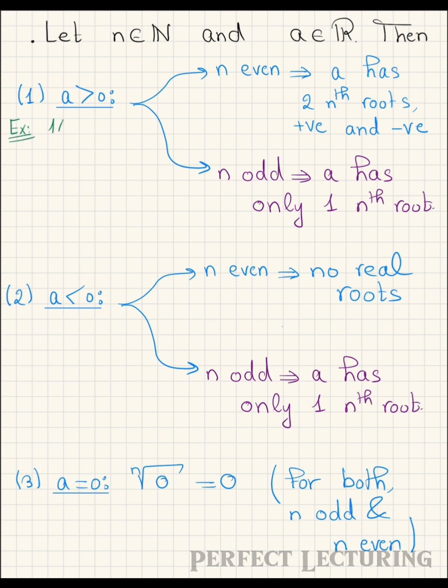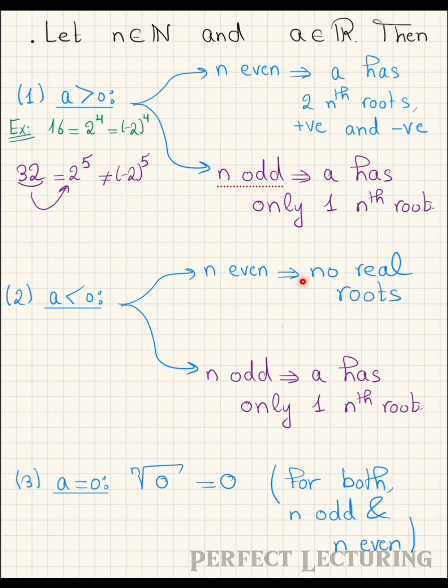So for example, if we consider 16, we know that 16 is equal to 2 to the power of 4 as well as negative 2 to the power of 4. Now if you consider 32, for example, 32 is only 2 to the power of 5. It is not equal to minus 2 to the power of 5, which means 32 only has one fifth root, which is 2.